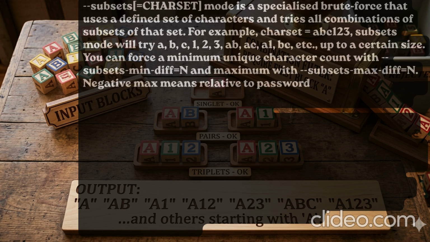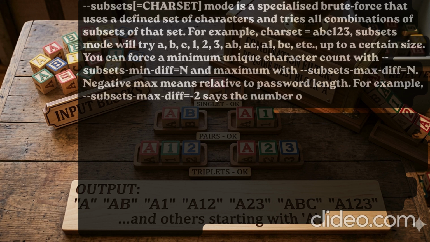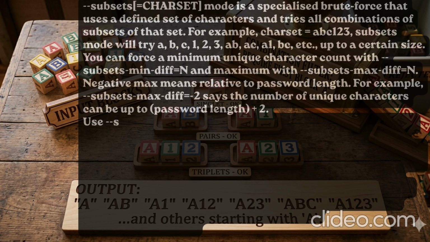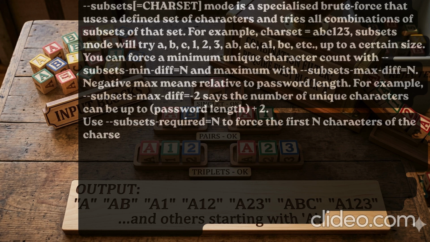Negative max means relative to password length. For example, --subset-max-diff=-2 says the number of unique characters can be up to password length plus 2. Use --subsets-required=n to force the first n characters of the charset to appear in every candidate.